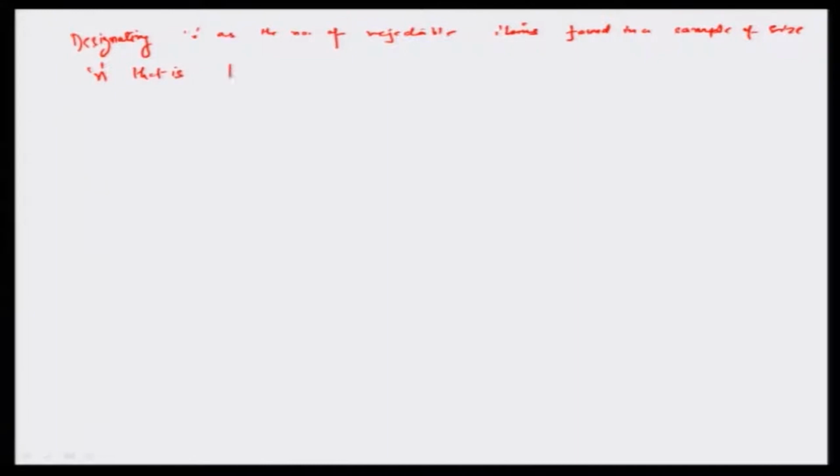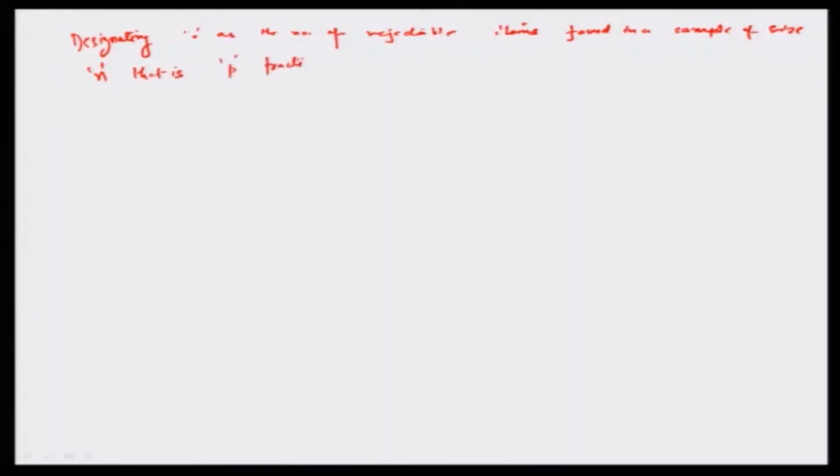So let us say we designate R as the number of rejectable items found in a sample of size n, that is p fraction rejectable.